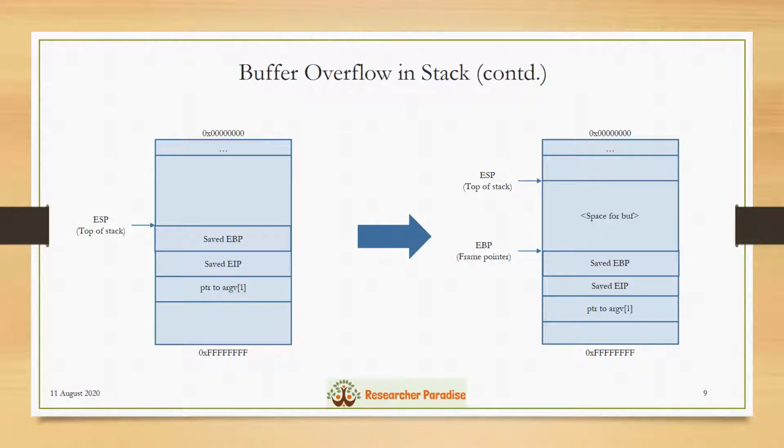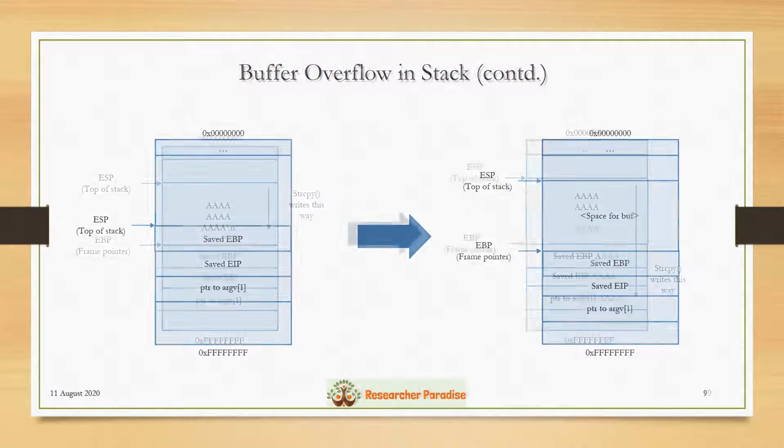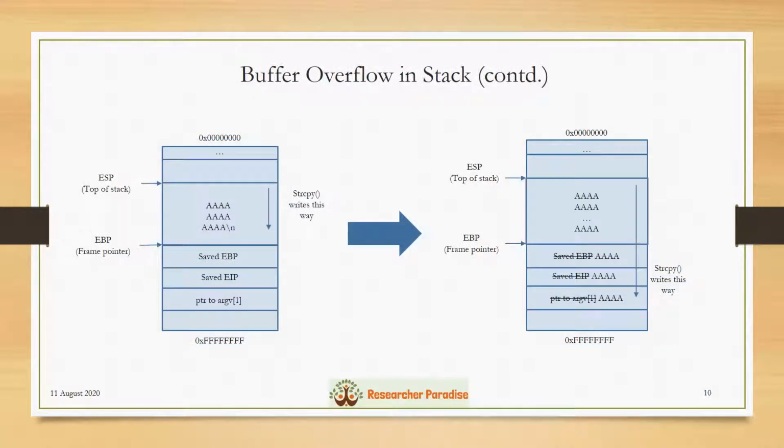When string copy is hit, the values from the passed arguments are copied to the local variable, as you can see here on the left hand side.